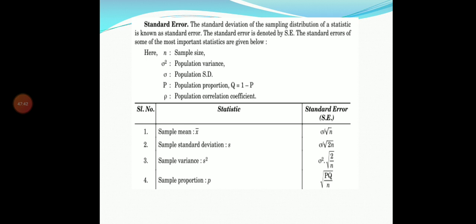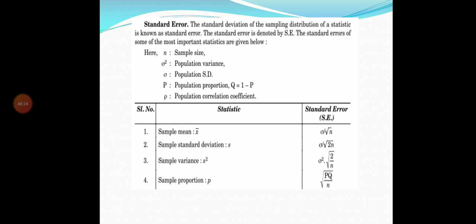So standard error is nothing but the standard deviation for the sampling distribution of a statistic. Simply, the standard deviation of a statistic is known as standard error. The statistic must belong to the sampling distribution. That is the reason why the definition is the standard deviation of the sampling distribution of a statistic is known as standard error.